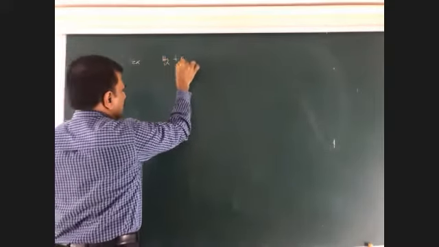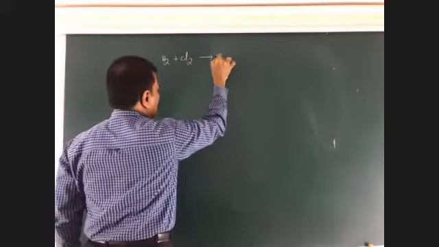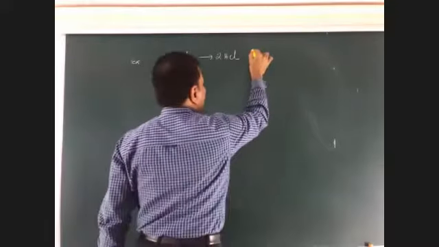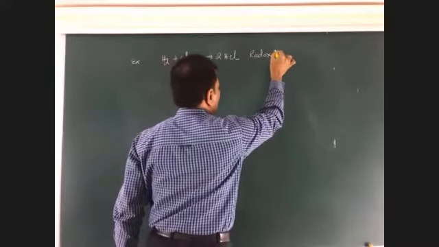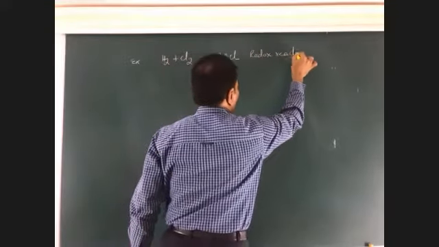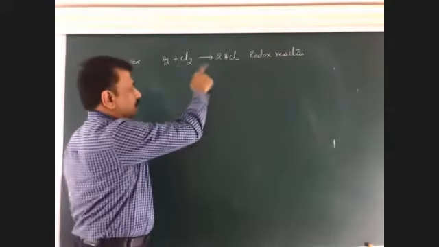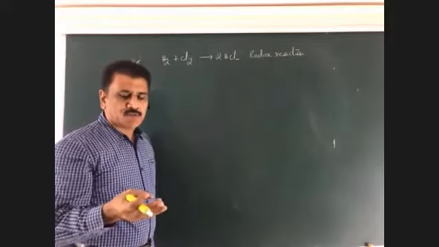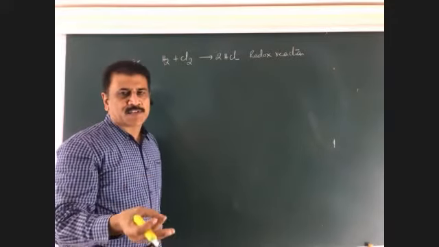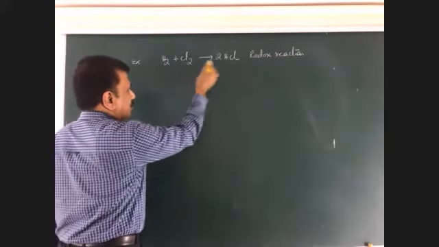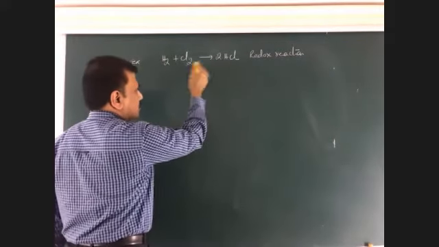Look at another example. H2 plus Cl2 gives rise to HCl. This is a redox reaction. From this redox reaction, we have to write the cell representation. H2 changes into H+, Cl2 changes into Cl-.